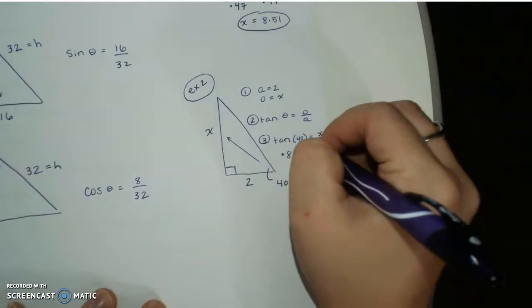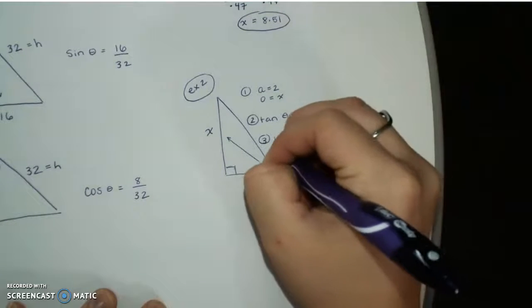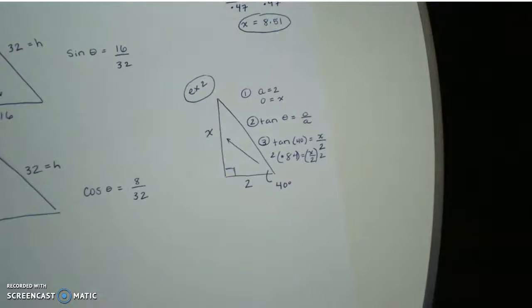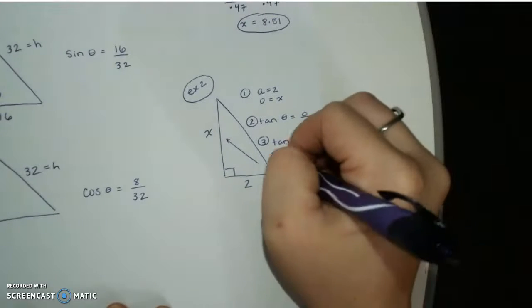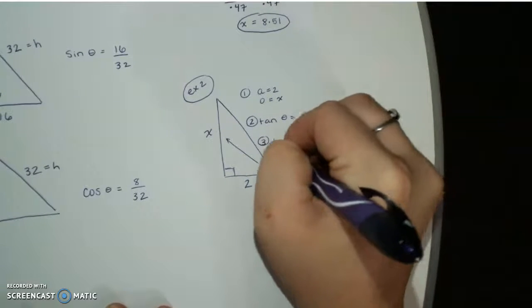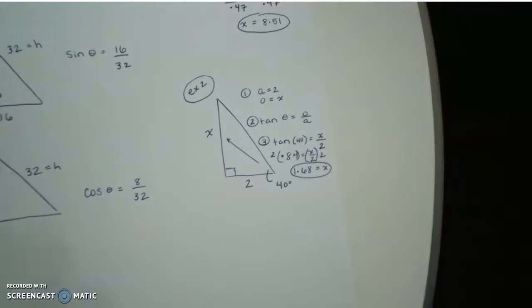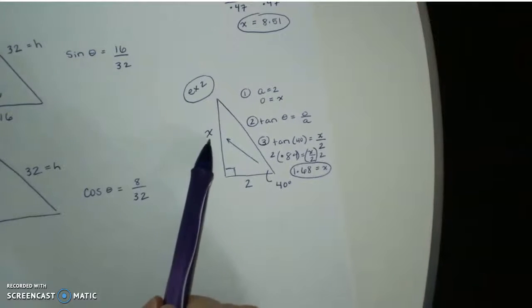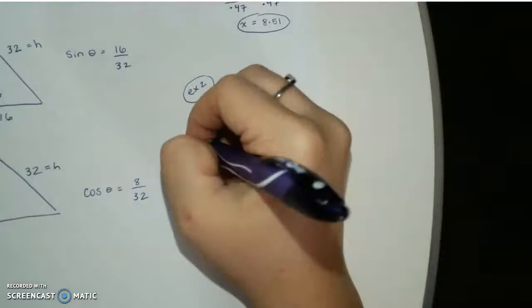So I'm going to multiply this side by 2, and I'm going to multiply this side by 2. So that means that this side would be 1.68.